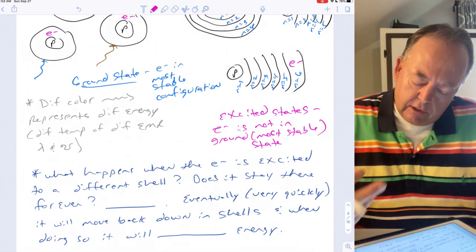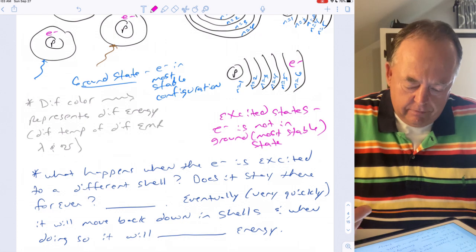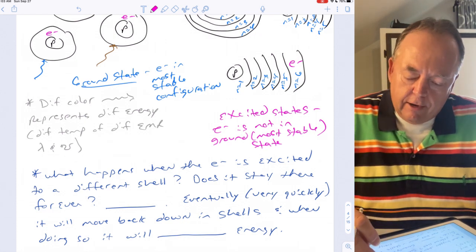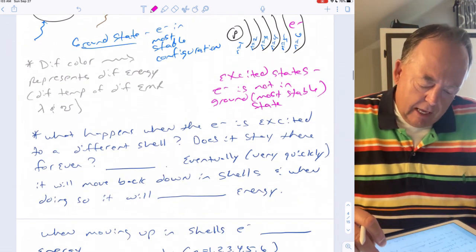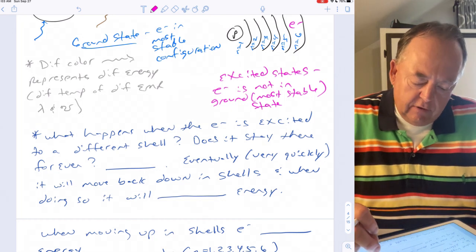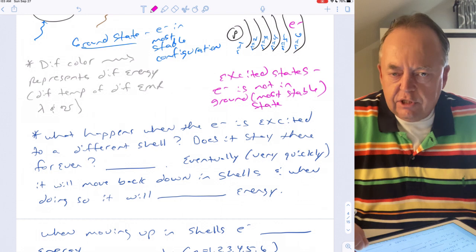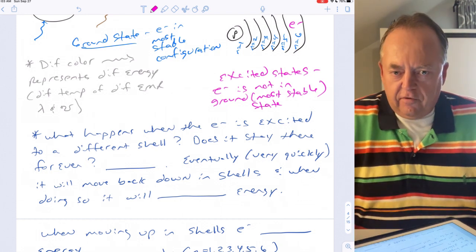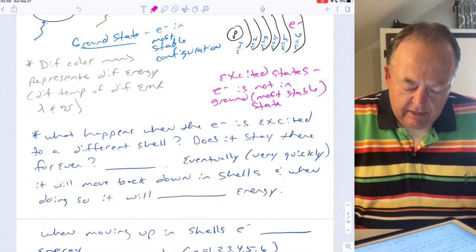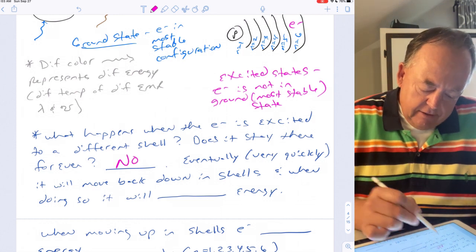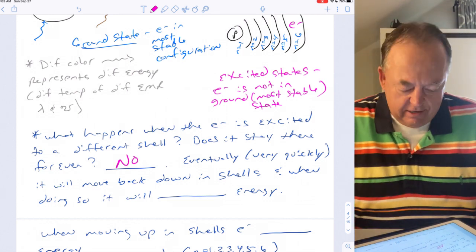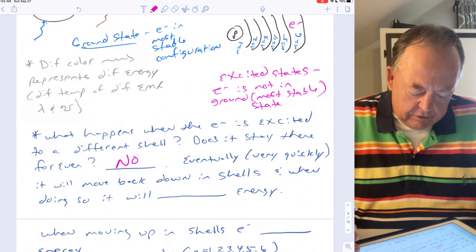That's what they're said to be in the excited state, because they're not in their ground or most stable state. So what happens when the electron is excited to a different shell? If it's excited to the 2nd, 3rd, 4th, 5th, or 6th shell, for example, does it stay there forever? And the answer is no, it does not. Eventually and very quickly, it will move back down in shells.